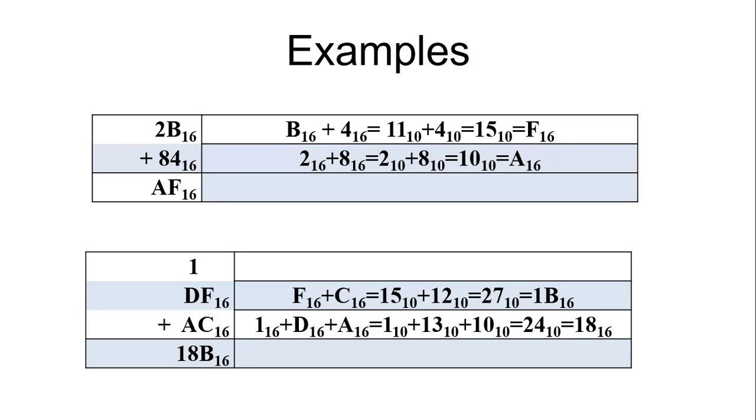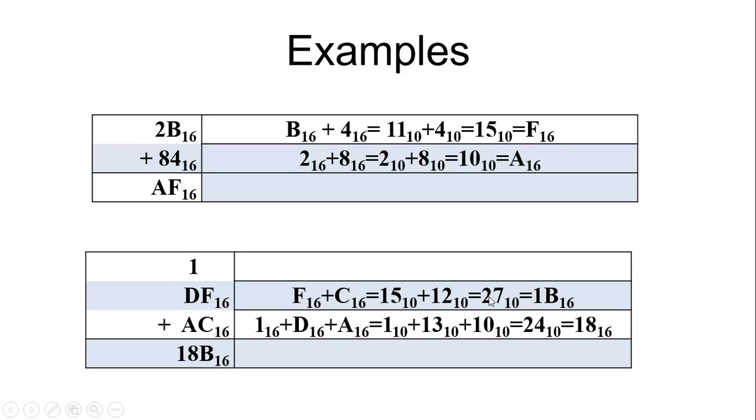Now in this second example, we add these 2 hexadecimal numbers, df and ac. So f plus c: f in hexadecimal is equal to 15 in decimal, and c in hexadecimal is equal to 12 in decimal. So add 12 and 15, and we get 27 in decimal.